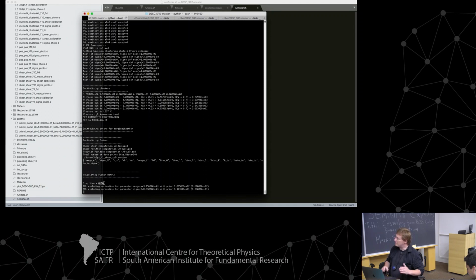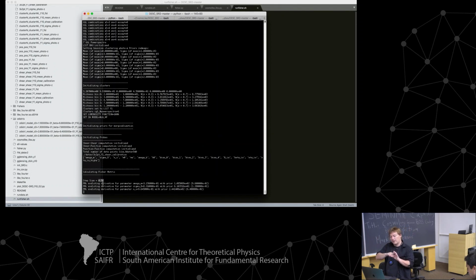But in order to check for convergence, I went from step sizes that here correspond to 5.0 all the way down to 0.1 in steps of 0.2 and computed Fisher matrices all the time. And then I look at the output. What you will see is that the output at some point converges and then again goes haywire. And that's when the step size just becomes way too small.